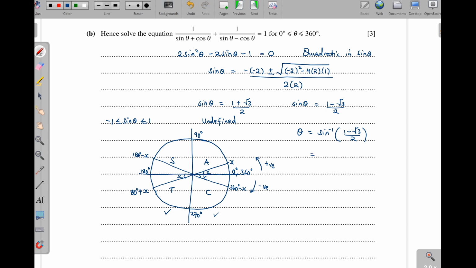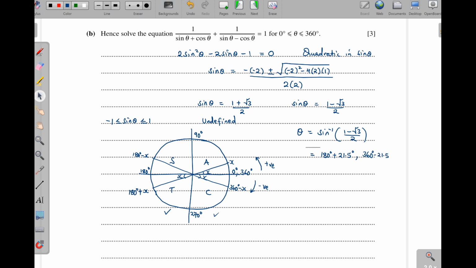So where sine is negative, it is here in the third quadrant. So I will say this is the 180 here, then plus that x we have gotten, which is 21.5. And then the other one, where it is negative, is here, that is 360 minus that 21.5.